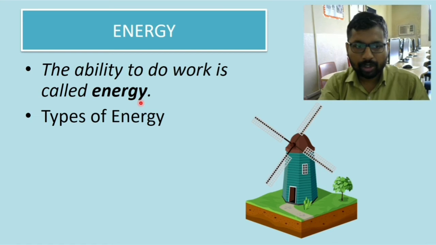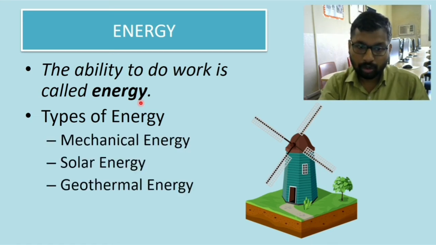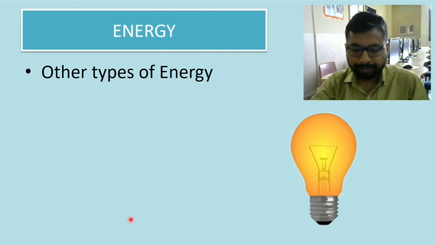What are the types of energies? Mechanical energy, solar energy, geothermal energy, wind energy. There are actually a lot of different kinds of energy, but these are the main types of energies: mechanical energy, solar energy, geothermal energy, and wind energy. Then the next point is other types of energies.